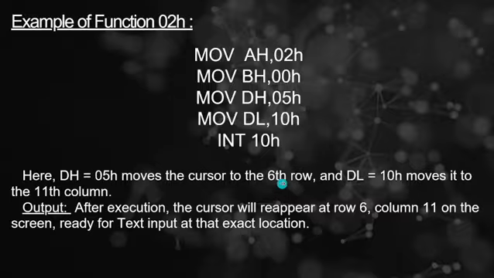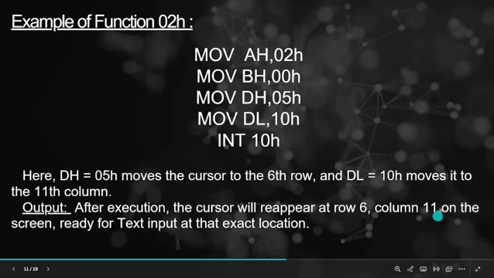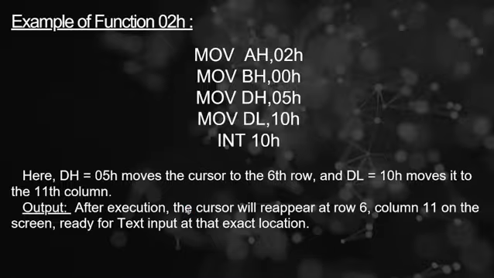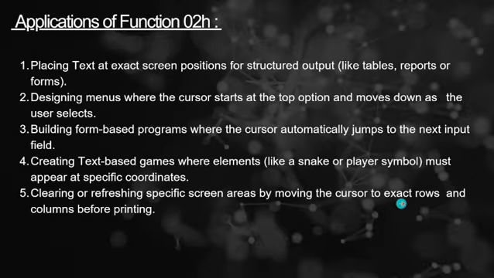And the same goes for DL, it will move to the 11th column. After execution, the cursor will reappear at row 6 and column 11 on the screen, and it will be ready for taking input as text exactly at the location which I have mentioned, that is row 6 and column 11.